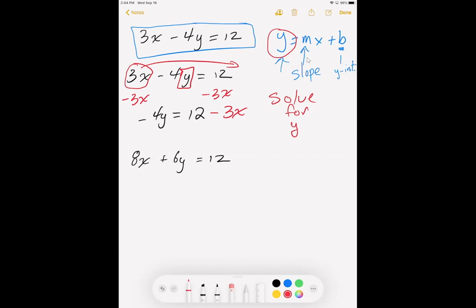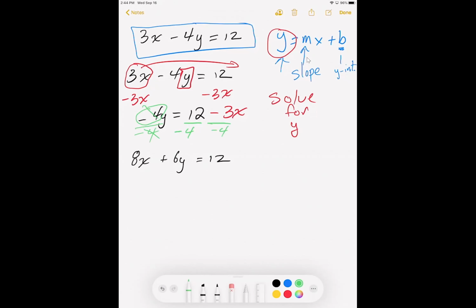Now, once I have that, how do I get rid of this negative 4? Everybody agree that I need to divide by negative 4, because negative 4 over negative 4 cancels out. And if I divide by negative 4, the one thing you need to tell yourself is that you need to divide every single term.